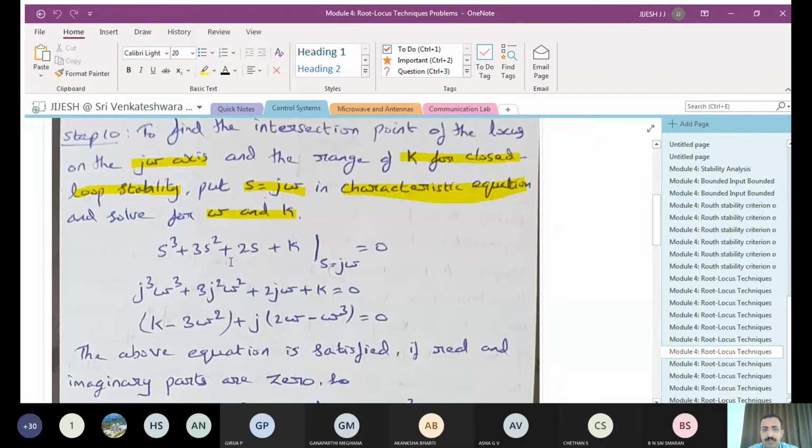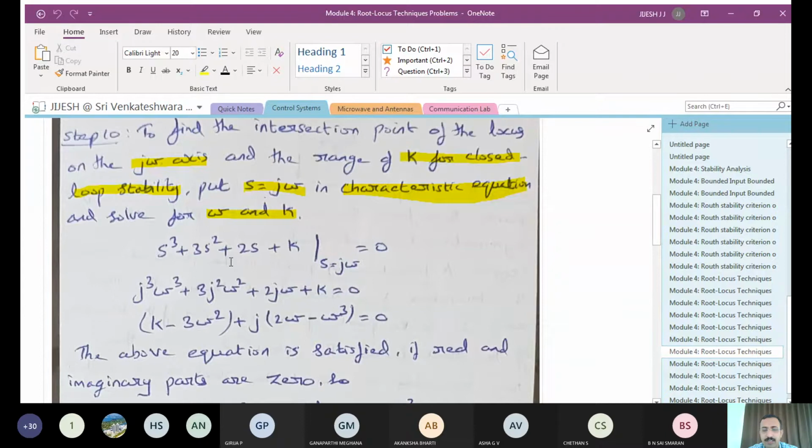When you substitute s equal to j omega in the equation s cube plus 3s square plus 2s plus K equal to 0, you get j cube omega cube plus 3j square omega square plus 2j omega plus K equal to 0. You can take the terms together, real and imaginary.